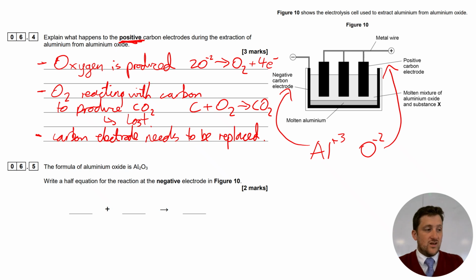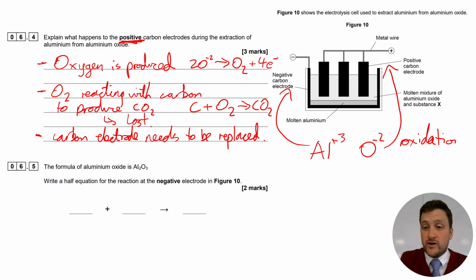Okay. Now, our next one is the formula of aluminium oxide. They've given it to us already, Al2O3, and now let's write the half equation for what happens at the negative electrode. Well, we've said this is being oxidized, we've already written the half equation for this, so we know this is going to be reduction, because there's always an oxidation and a reduction at this level.